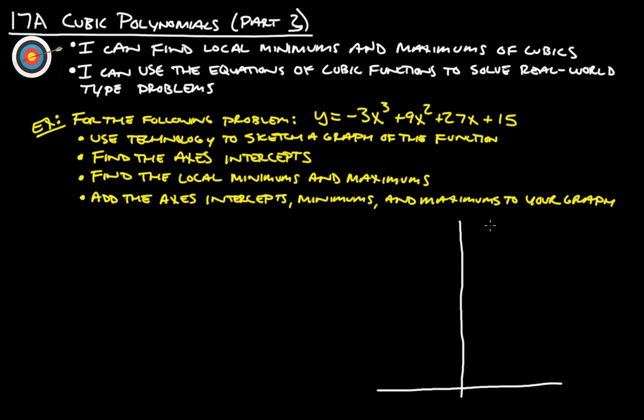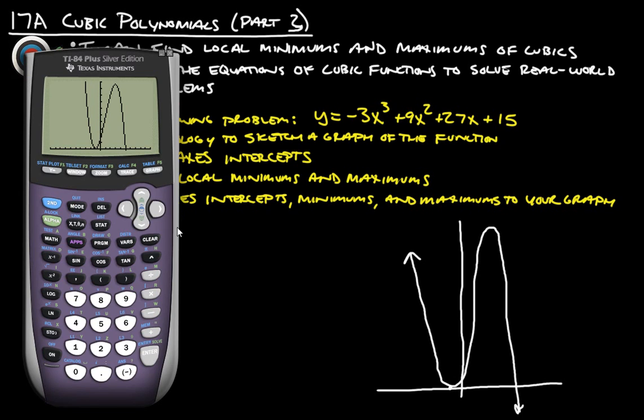We know that it hits about here-ish. We're just sketching it. It comes up here and looks something like that. So there is our sketch, and then we're going to find these points and better label our sketch.